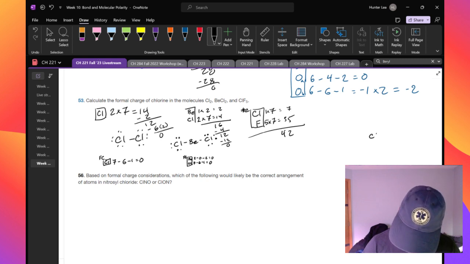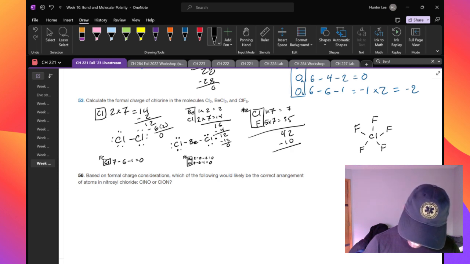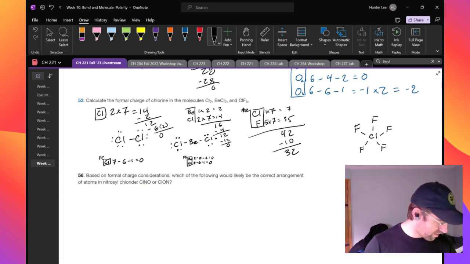Okay. Chlorine in the center. 1, 2, 3, 4, 5 fluorines. 2 times 5 gives us 10 participating in bonding.